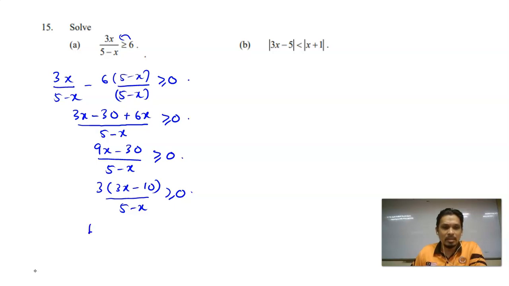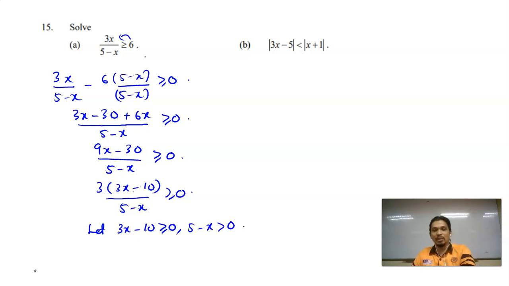So let 3x minus 10 greater than or equal to 0, assume. Let means that we assume these two factors. Just assume it, no matter whether the sign of this is less than or greater than. It has nothing to do with this one here. So assume these two are positive. By the way, the numerator can be equal to 0, but not the denominator, where 5 minus x is only greater than 0.